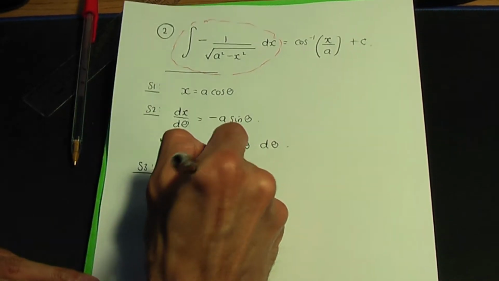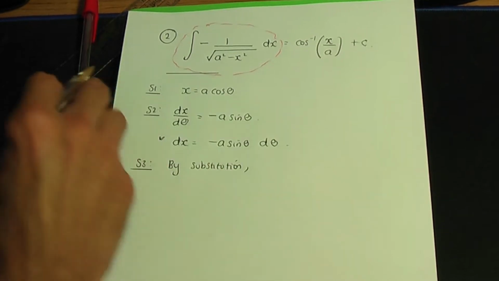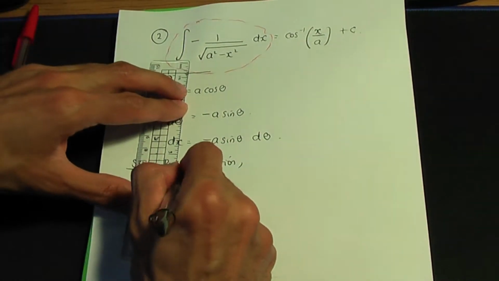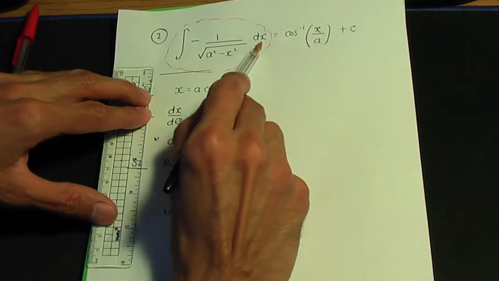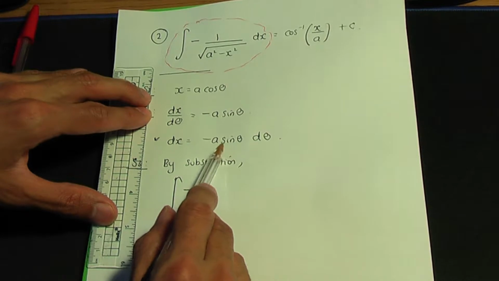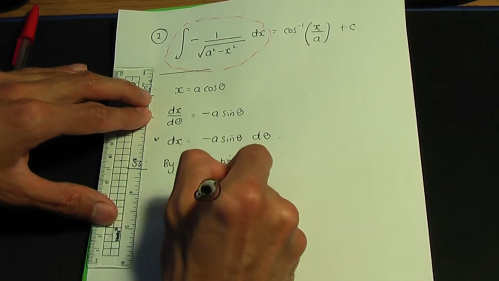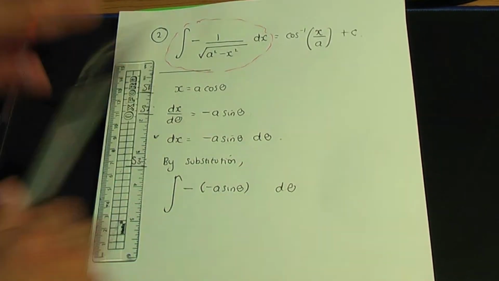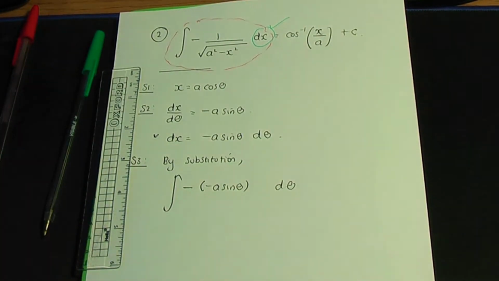So by substitution, let's rewrite this integral on the left hand side. So integration minus, now dx, remember, first of all is minus a sine theta d theta. So we're going to have minus a sine theta d theta. So that is dx being replaced. So let's tick that off.